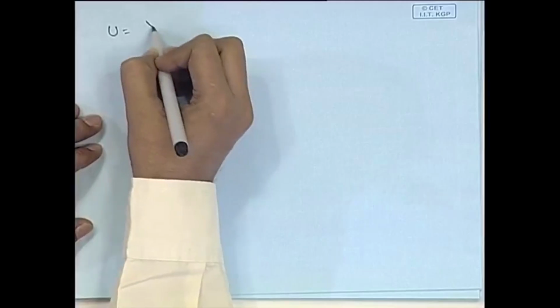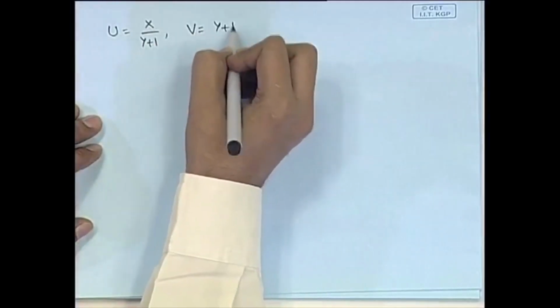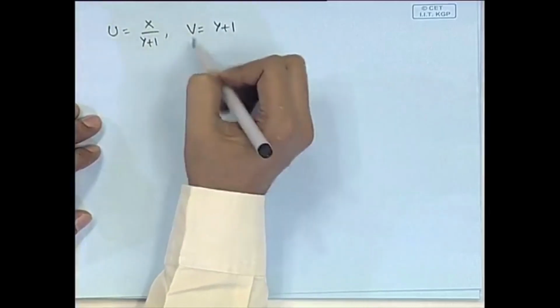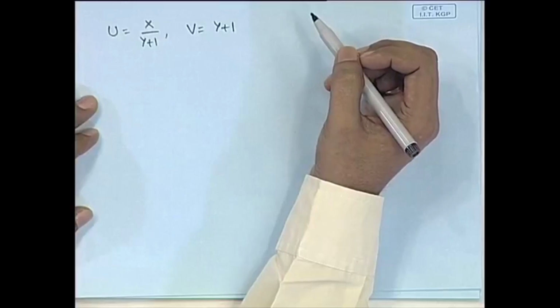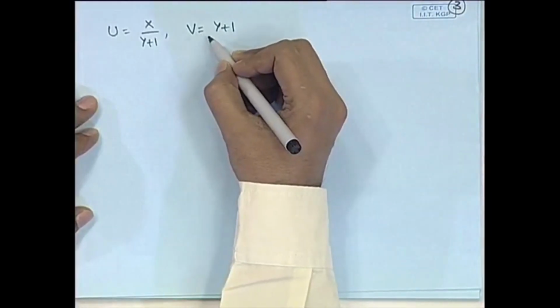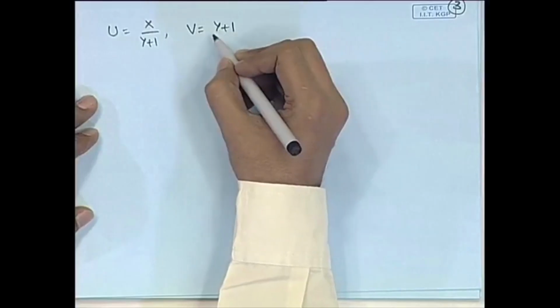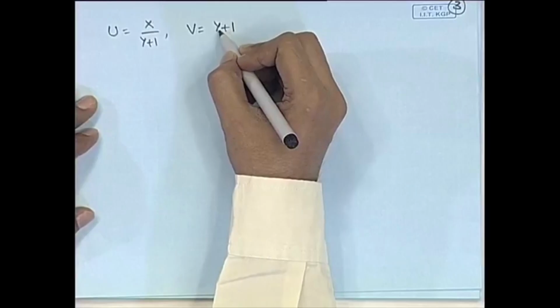Let us take another case here. Suppose I define, say, U equal to X by (Y plus 1) and V equal to Y plus 1. I want the joint distribution of U and V here, where X and Y follow independent binomials. So, here you look at the set of values: since Y is binomial(n, p), Y takes values 0, 1 to n.